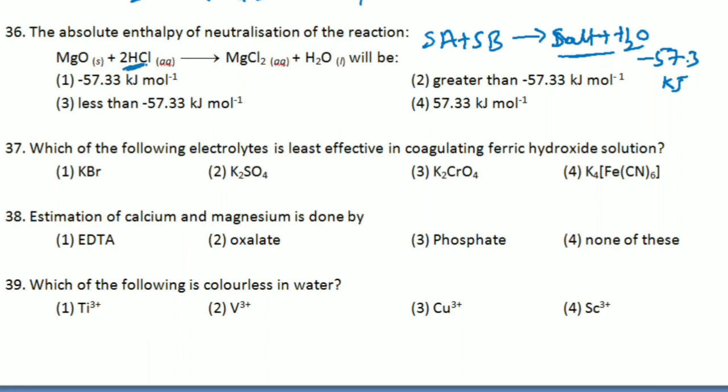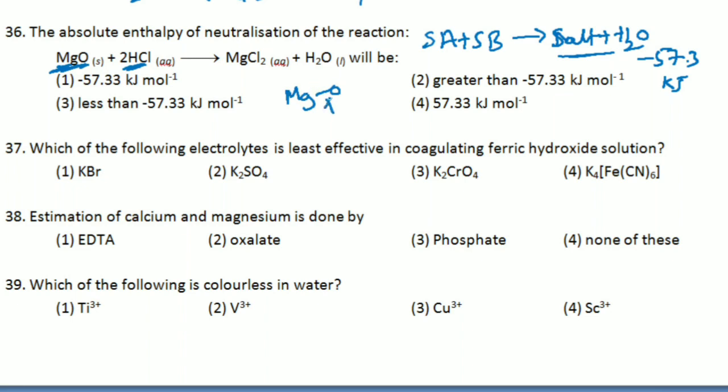But here HCl is strong but MgO is weak. Because of that reason, what happens, so weak base means what is the meaning? Mg and O bond strength is more. Remember, weak base means I am not talking about weak bond strength. Mg and O here, bond strength is more.